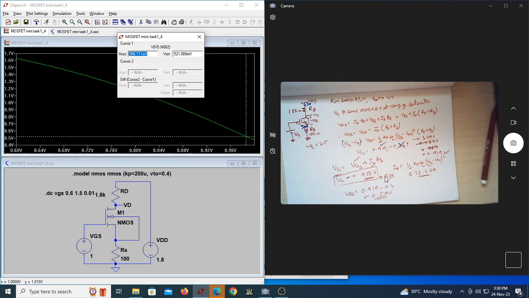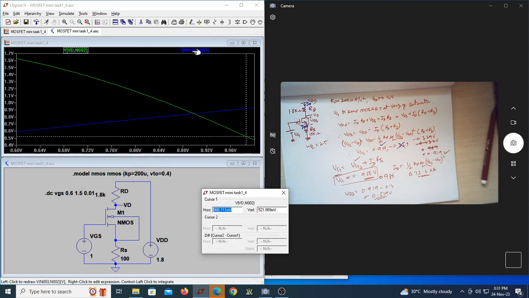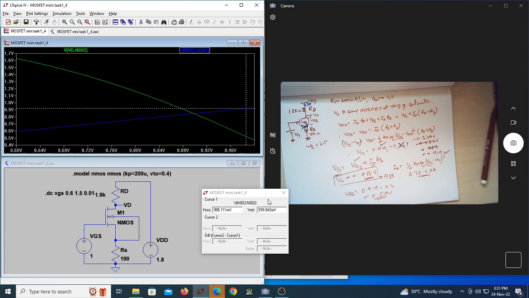So what is the corresponding value of VGS at this value of VG? It will be 0.919. That we can also see. I will measure VGS, from here to here. Now if you carefully observe at 0.986, this was supposed to be 0.919, and you have 918.8 millivolts.